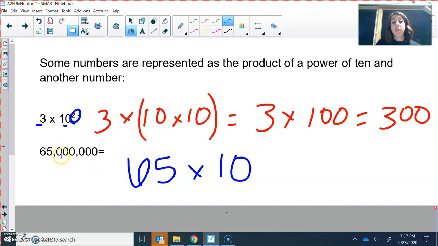So 65 million here, you can see that there are 6 zeros on the end. So all I would do to change that into a product of a power of 10 is write the numbers that are not zero, which is 65, and then count the number of zeros, which is 6. So that means that I have 65 times 10 to the 6th power. It is equivalent to 65 million.